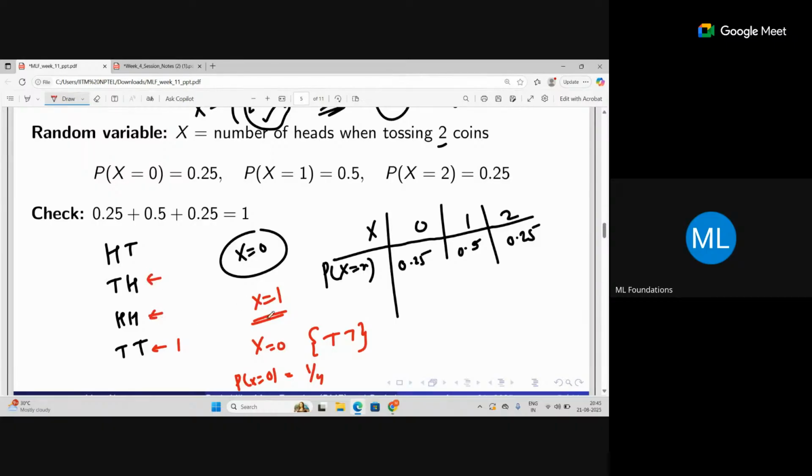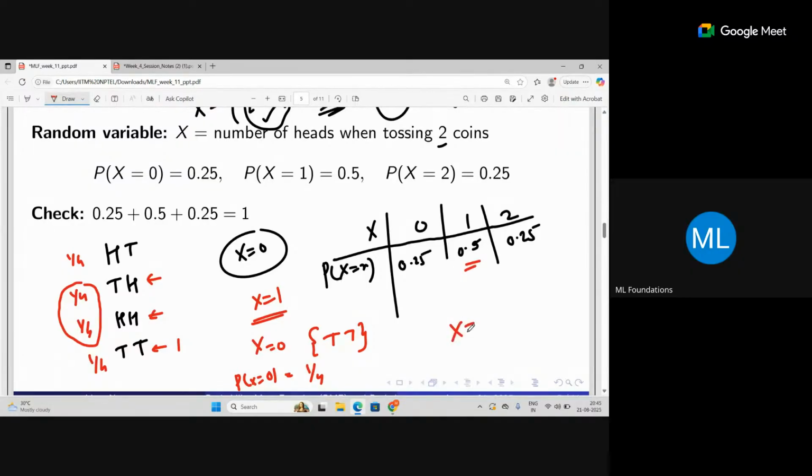The probability is 1 by 4 here and 1 by 4 here, because the probability of each of them is the same. So for x equal to 1, I add these two probabilities: 1 by 4 plus 1 by 4, which is 2 by 4, which is 1 by 2, equal to 0.5. That's why I have written 0.5 here.